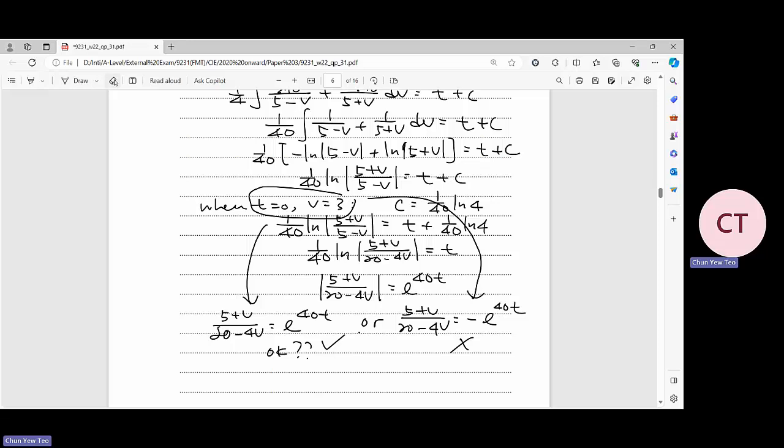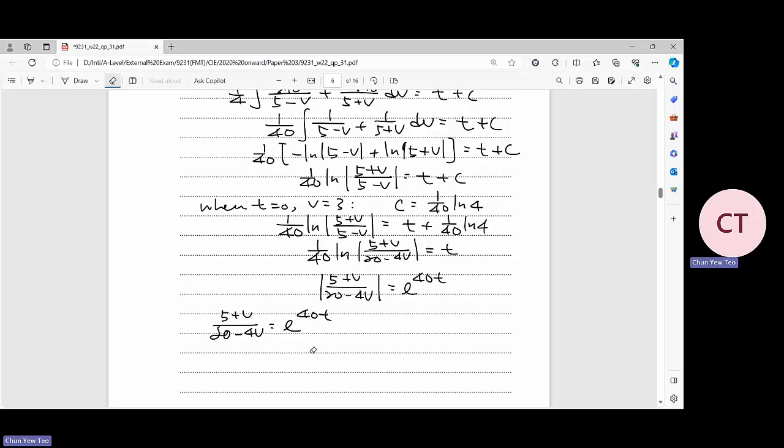So by checking in this way, you can decide that when you take away the modulus, it's supposed to be a positive e to the power 40t, not negative. Usually the mark scheme never mentions that you need to show the reason you choose the positive one. So you can just directly write it down without the modulus, then it will be positive e to the power 40t.